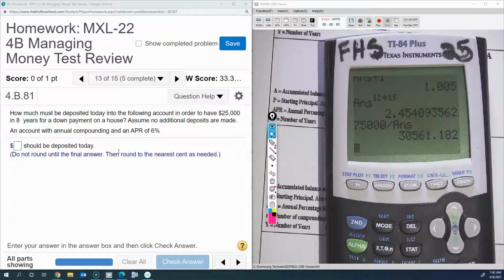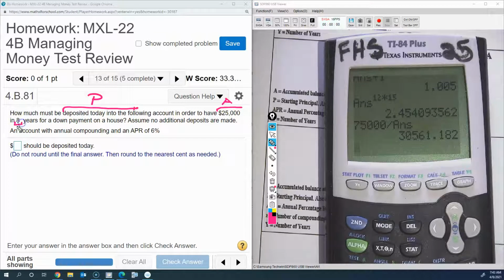Okay, how much needs to be deposited today? So that's your beginning amount. Okay, that's your principal. Your goal is to have 25 grand.